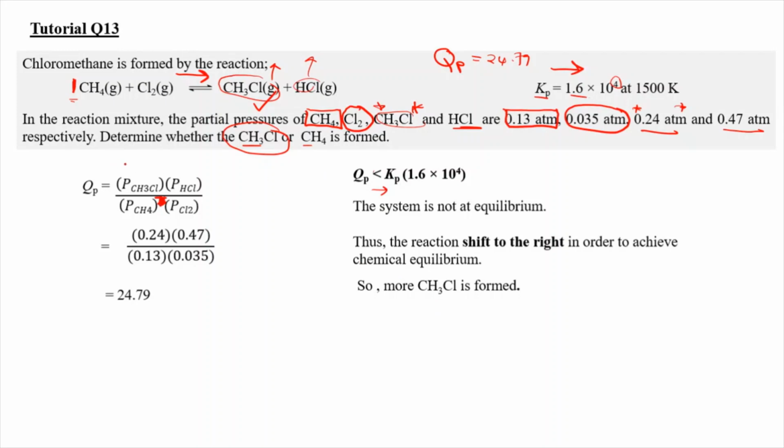Okay, and conceptually you can say that when QP is low, your product side here is low, and that is why the reaction needs to shift to the right in order to increase the product back, and that is why it shifts to the right. And the technique here is just to make it quick so that you know that it's going to be the reverse of the direction of equilibrium. Okay, so that's all for tutorial question 13.